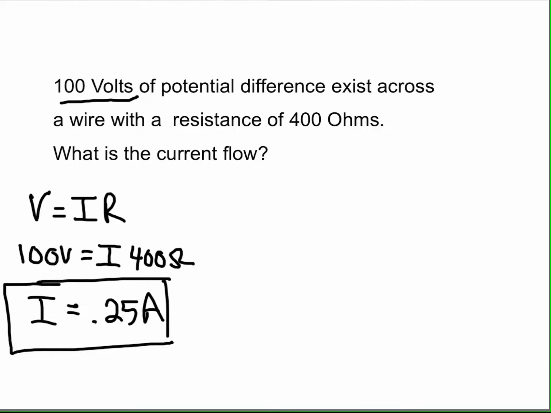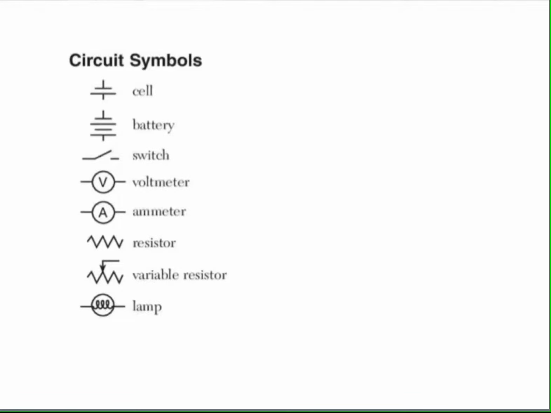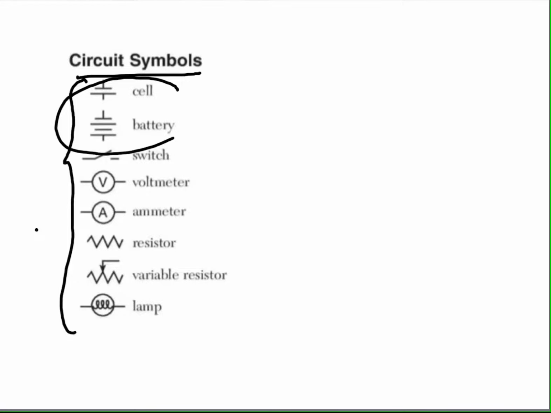Now, what we're going to start talking about today is building circuits. When you build a circuit, you're going to use this set of symbols here, so we're going to create what's known as a schematic drawing. These here are potential sources. These are basically your energy source.